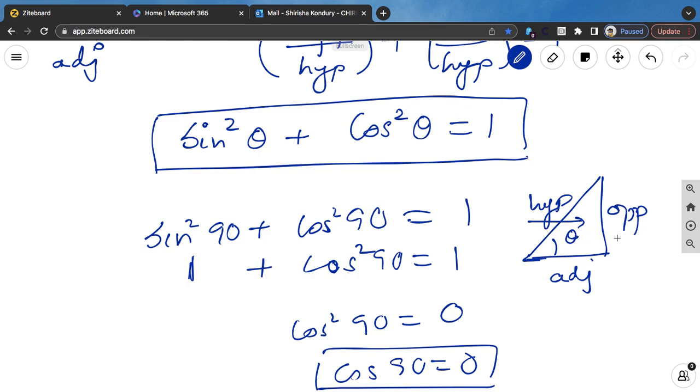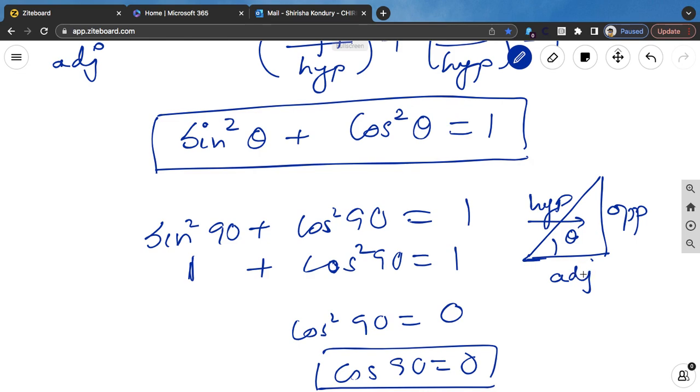As I do that, theta goes on increasing and starts going towards 90. I know it can never become 90 because then there won't be a triangle. But as it moves towards 90, opposite side starts increasing. At one point, it will almost be equal to the hypotenuse, and at that time, adjacent side will be 0. So that's another way to think of that.